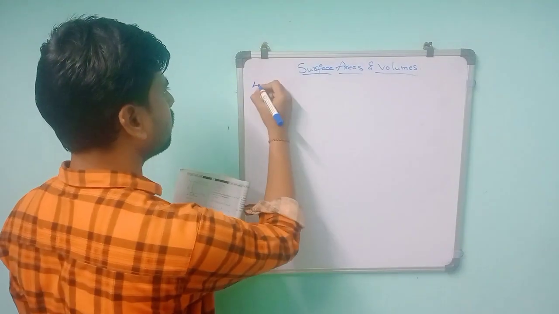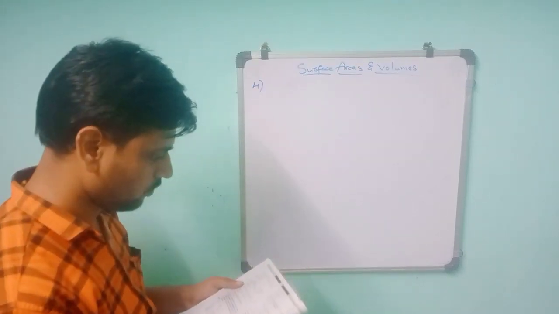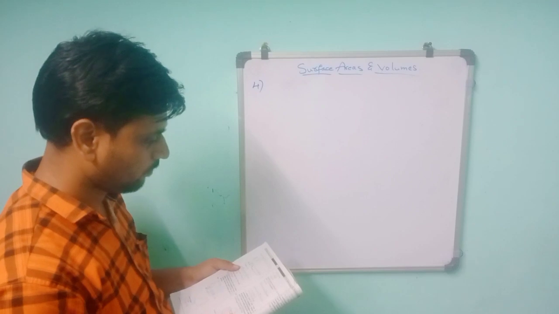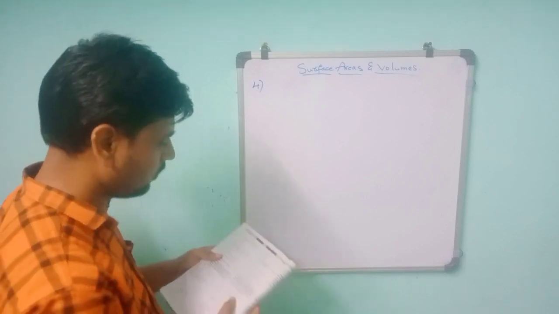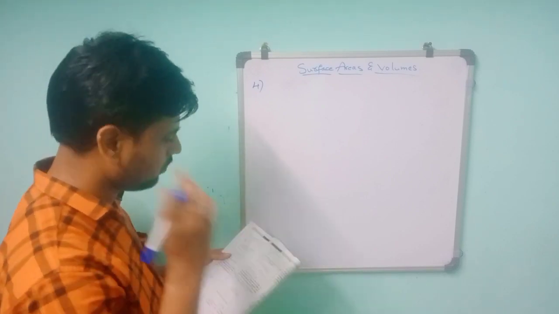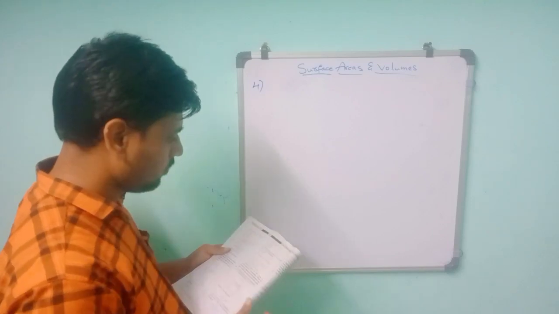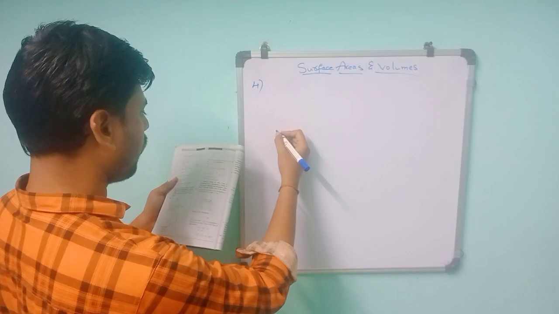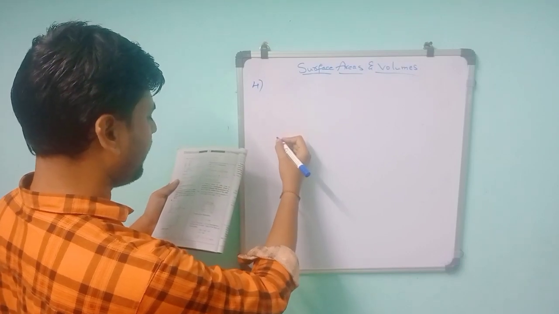Fourth one, the given cubical block of side 7 cm is surmounted by a hemisphere.